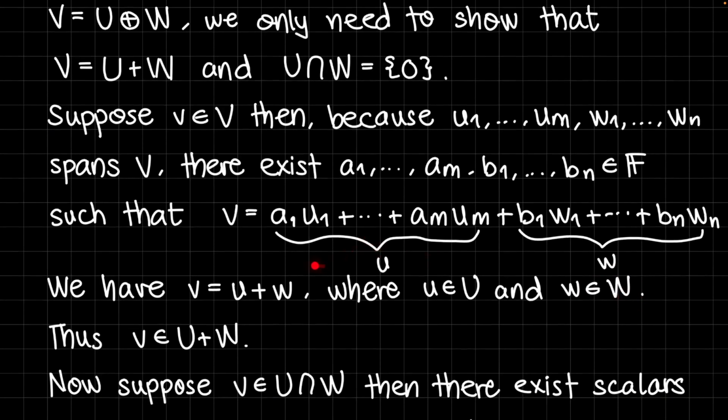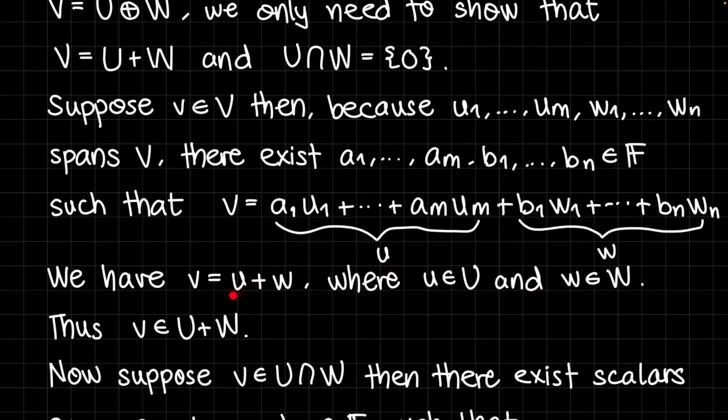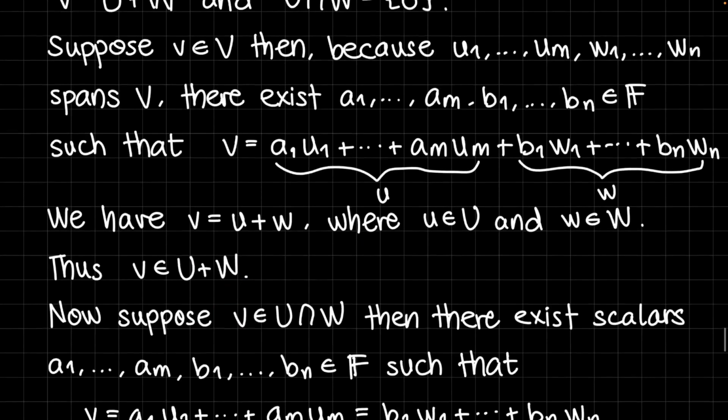So we have managed to write small v as small u plus small w, where small u belongs to subspace capital U, and small w belongs to subspace capital W, which is saying that small v belongs to subspace capital U summed with subspace capital W.